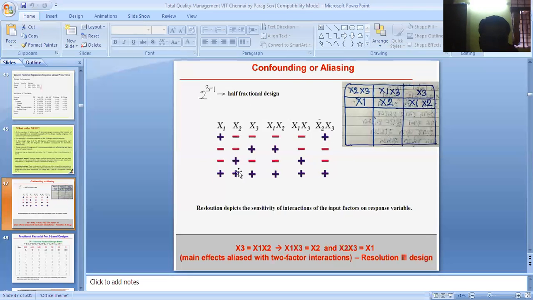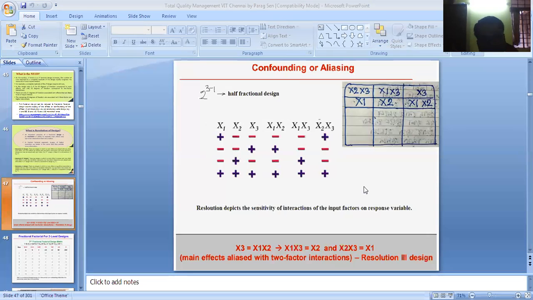So if you do all these things, then you can see that some columns resemble others: the column of x1 resembles x2 x3, the column of x2 resembles x1 and x3, the column of x3 resembles x1 and x2.